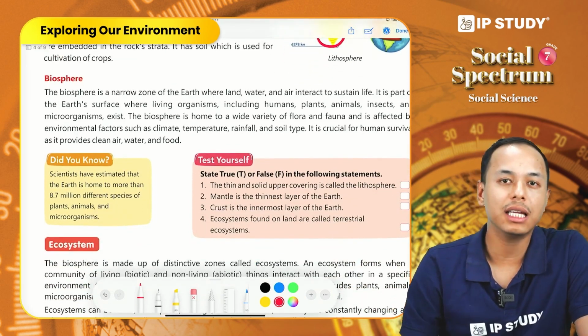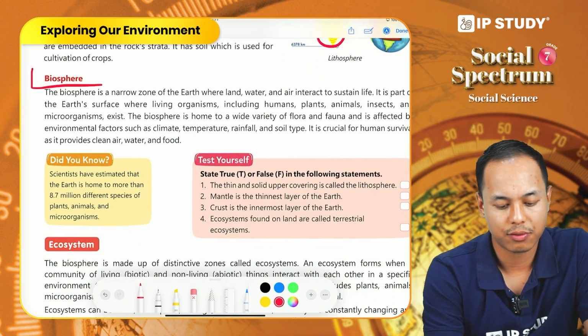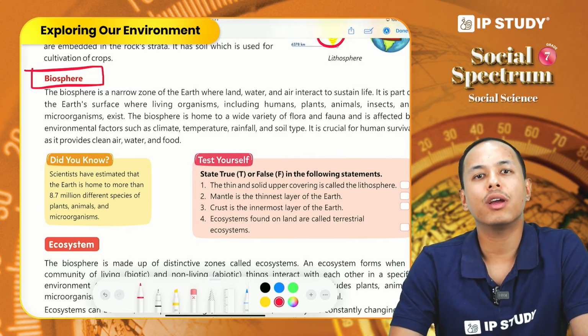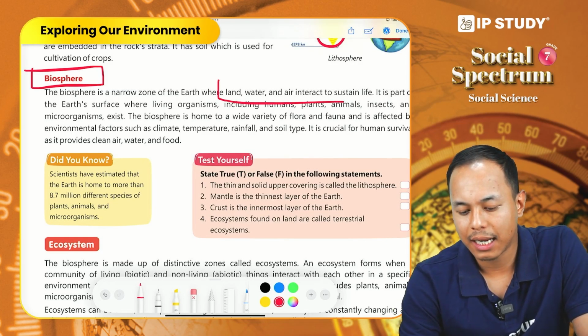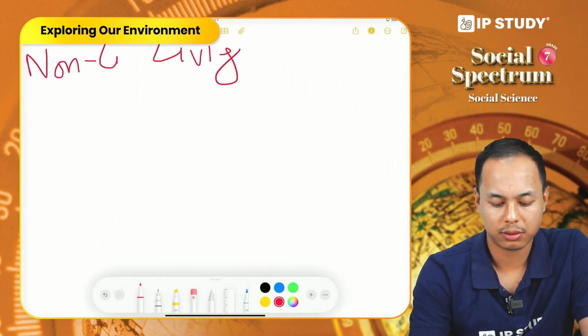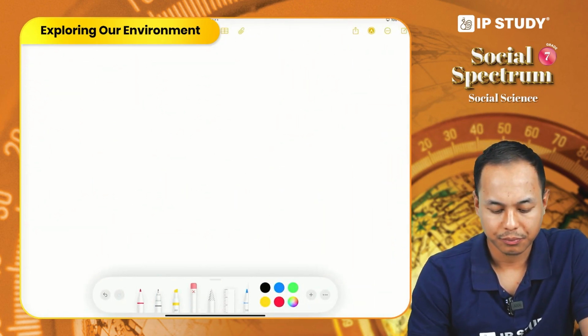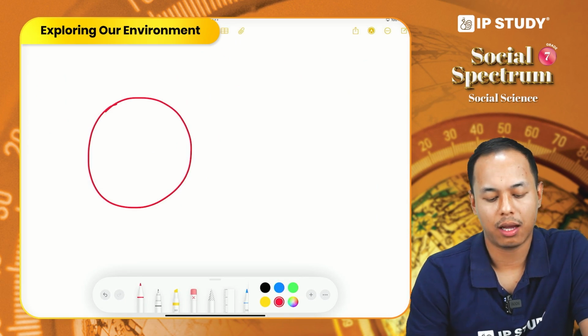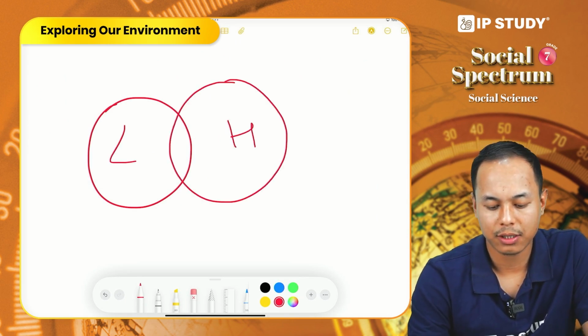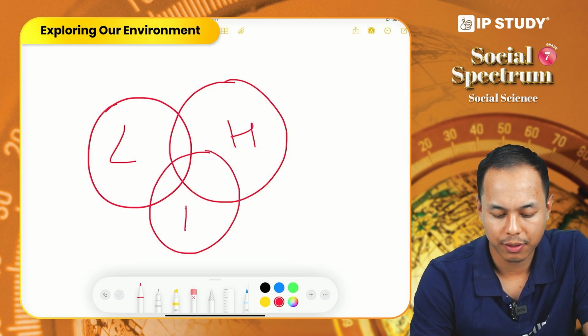So now let us see the last realm, that is biosphere. The biosphere is the narrow zone where water, land, air interact to sustain life. Okay, so if I have to make a small chart, suppose this is lithosphere, suppose this is hydrosphere, and suppose this is atmosphere.